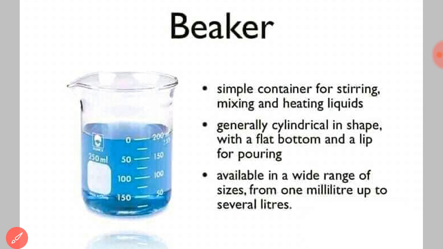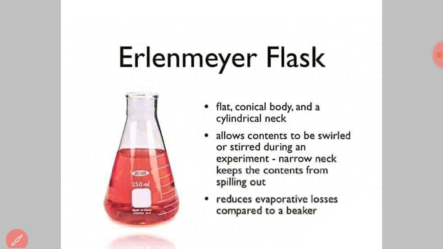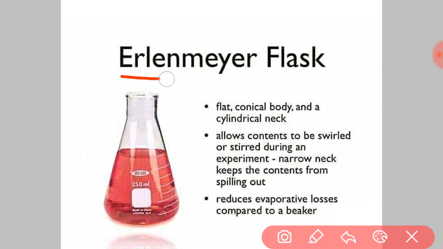Going to the next, our third lab apparatus is the Erlenmeyer flask, one type of flask. It is also used to contain liquids and chemicals in the laboratory. The Erlenmeyer flask has a flat conical body and a cylindrical neck. See this, it is cylindrical in the neck. It should always be secured to a stand during an experiment.